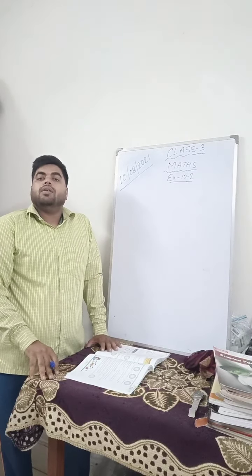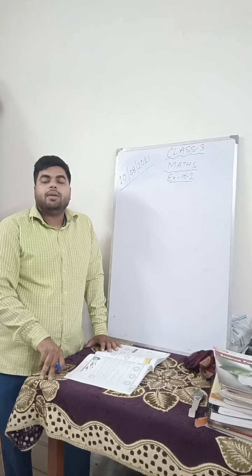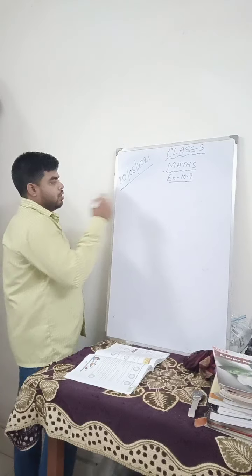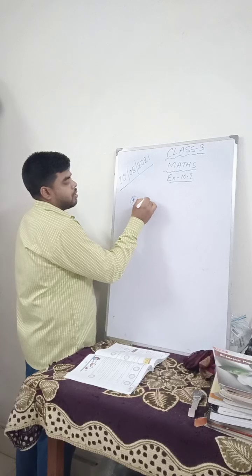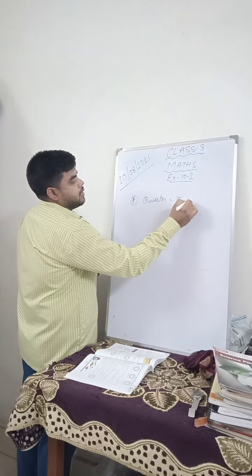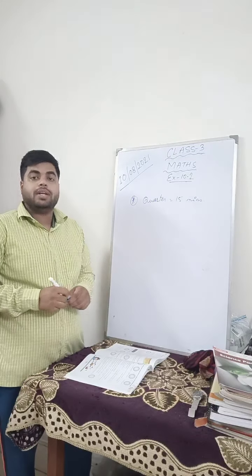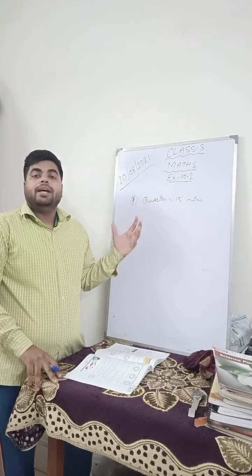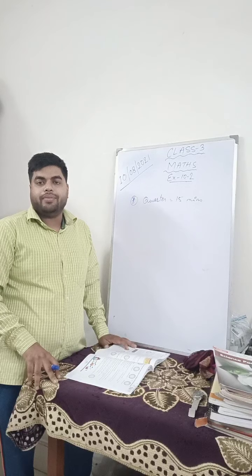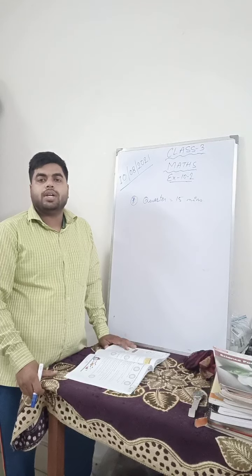In the introduction class that I gave yesterday, I said quarter means 15 minutes. So whenever you hear this word, quarter is equal to 15 minutes. Now if the clock shows 15 minutes, you will not write 15 minutes, but you will write quarter. In place of 30 minutes, you will write half. In place of 15 minutes still left to be, you will write quarter to.